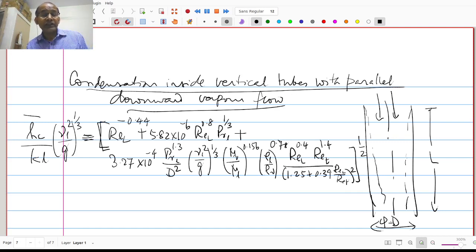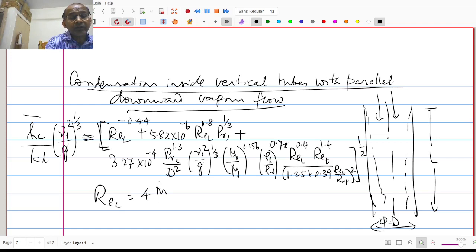So this is the expression that was derived for condensation inside a vertical pipe. Here again Re_L is 4 times m dot prime L. In this case, it's going to be m dot L itself, because it's a circular pipe and not unit width. So it's m dot L of the liquid film divided by mu L, and Re_T is based on the total vapor mass flow rate here.